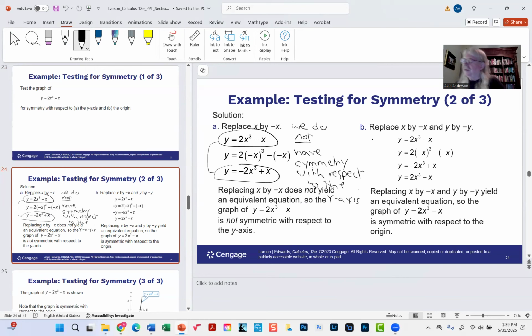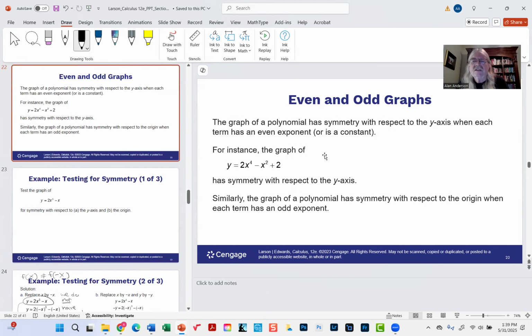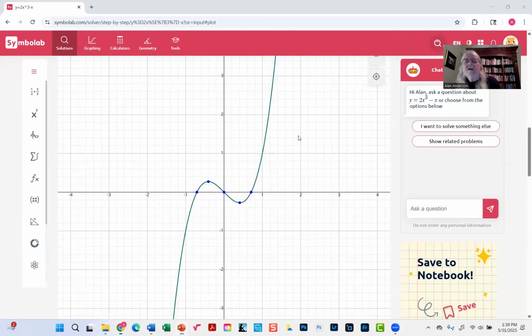Another way to write this would be this. Right, so instead of y, we could replace that with f of x. The argument inside tells me what value of x I'm using. So because those two are not equal to each other, that means that we do not have symmetry with respect to the y-axis, which you can see for yourselves in the graph. What's on the right and the left are not the same, of course.